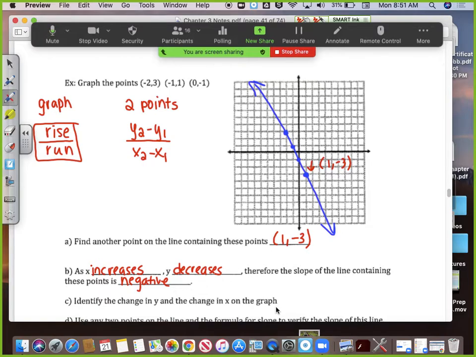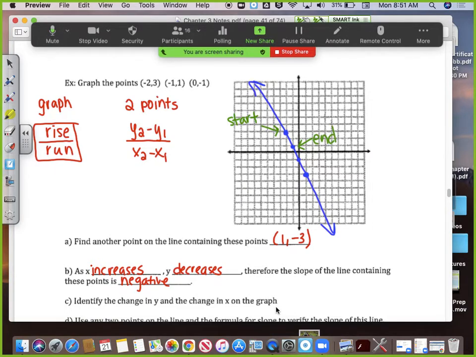To do that, you would go to the graph and you would pick a point to start out with. I usually start with the point that's all the way to the left. So I'm going to use this point right here. So this is where I'm going to start. I'm going to start at that point, and then what I like to do is pick another point to end. I'm going to use the next point right next to it.